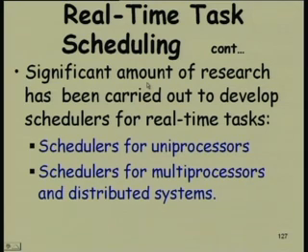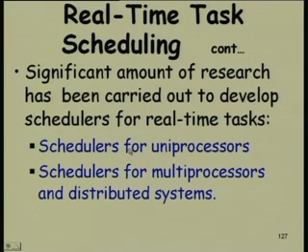A lot of research has been reported in real time task scheduling, and if we look at all those research reports that have been published, mainly there are two categories of schedulers.